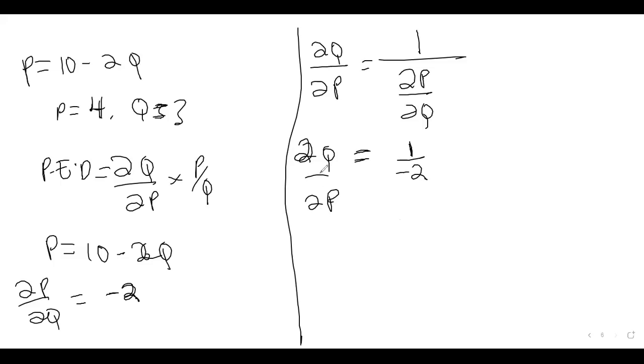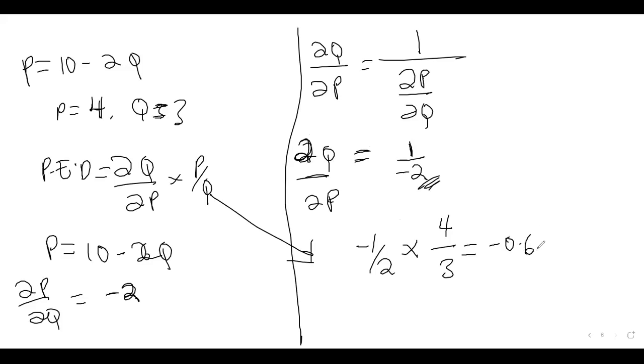Going forward, that means that dQ over dP is negative 1 over 2. So this formula now will be negative 1 over 2 times the price, which is 4, over quantity, which is 3. So when you solve it, you get negative 0.677.